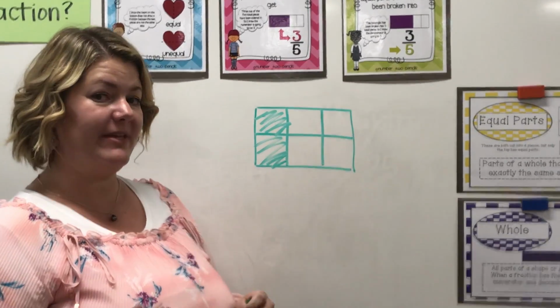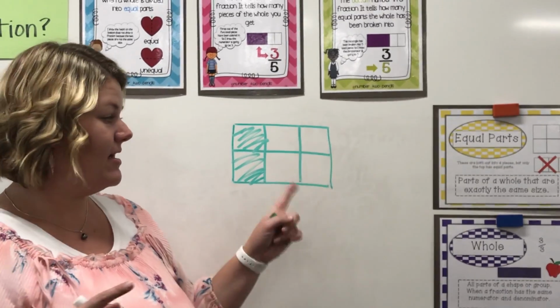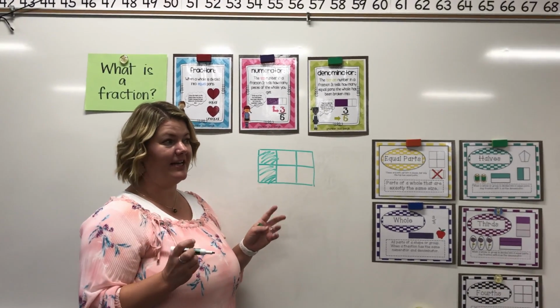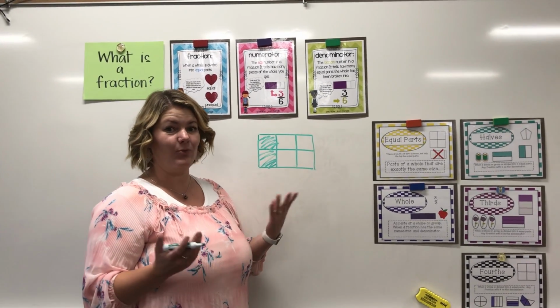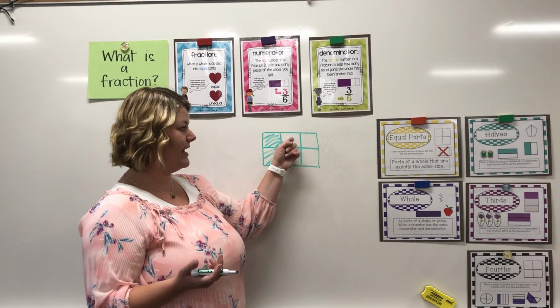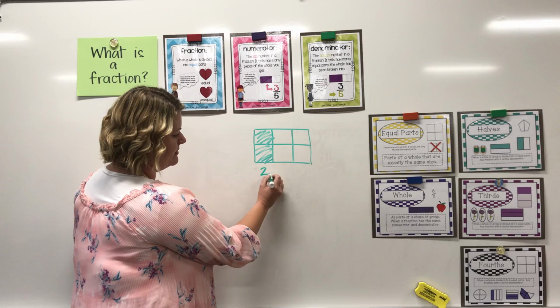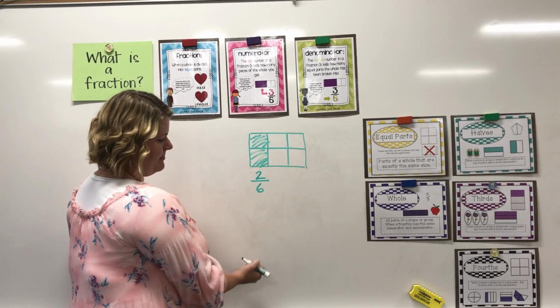If I said how many pieces are not shaded in, the numerator would be 4. So it all depends on the directions and what they're asking for. So this part would be 2 out of 6 pieces.